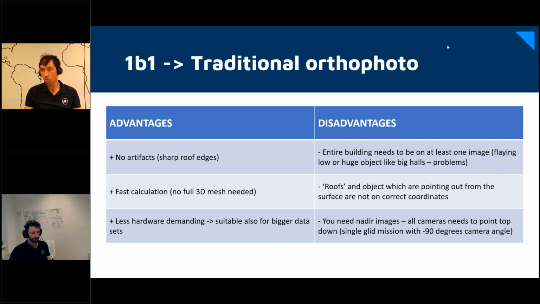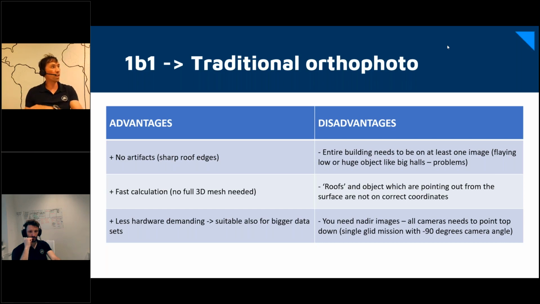And we know more and more providers of drone solutions force 3D flights, like a double grid mission with a 70 degree, minus 70 degree camera angle. In this case, calculating a traditional orthophoto is just not possible. So as we can see, you need to know which orthophoto you need in which situation.